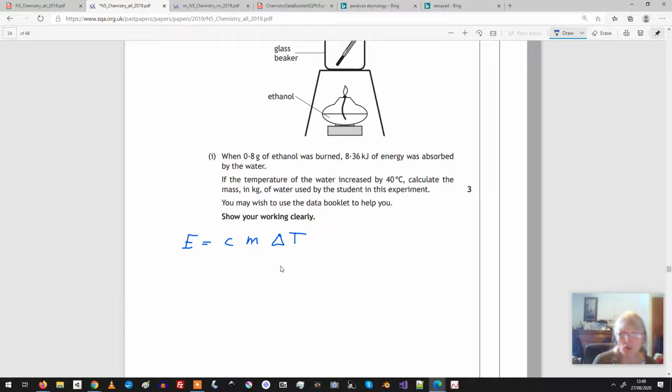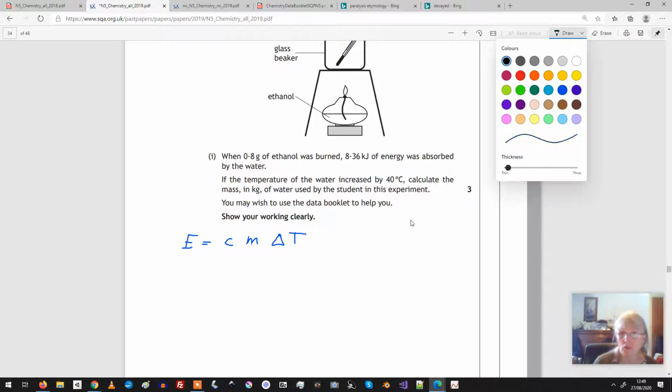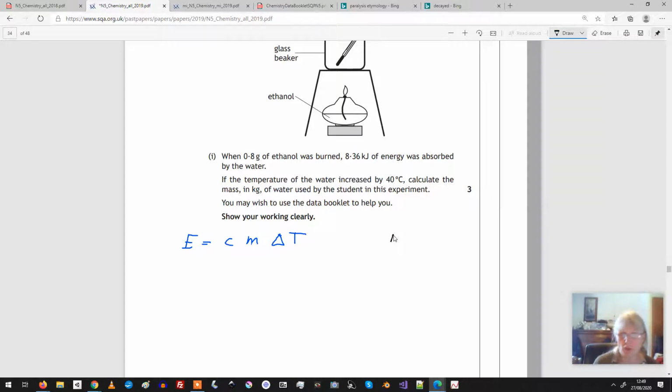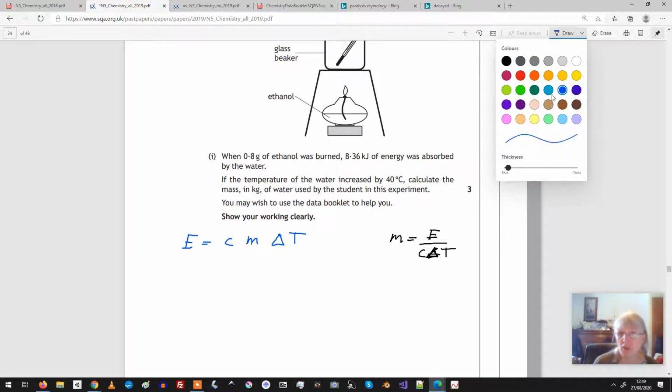One thing that you could do is rearrange the formula so that mass equals energy over C times temperature change. But I don't think I'm going to do that. I'm just going to put the numbers in and carry on.